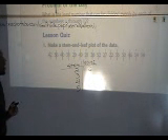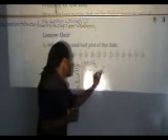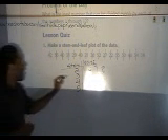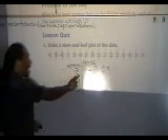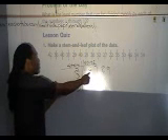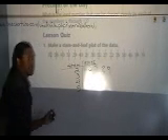Still on the 20 stem. Okay? The next one, 27. So we put a 7 to represent 27. The next one, 28. We put an 8 to represent 28. 29. And a 9 to represent 29. So this represents 5 numbers: 21, 22, 27, 28, and 29.